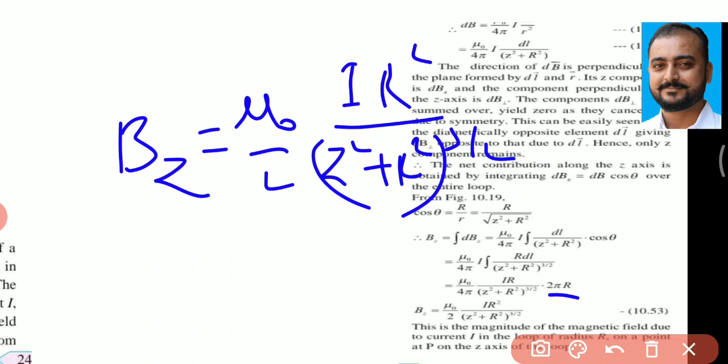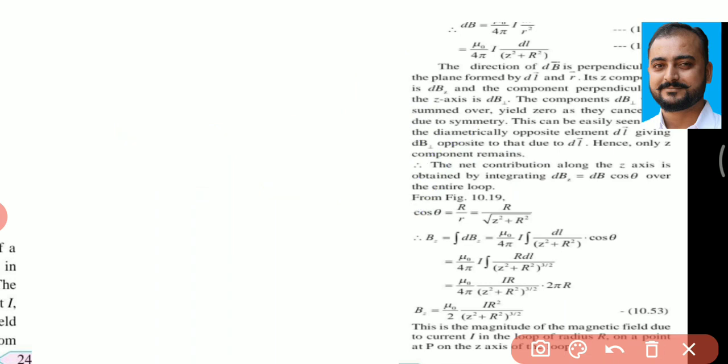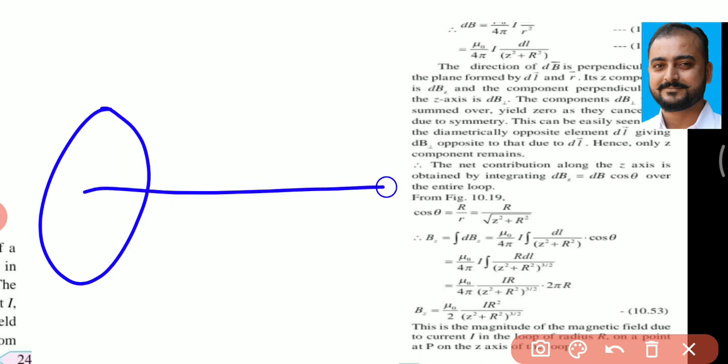It's somewhat complicated to say, but simply remember it like this: this is the magnetic field produced at a point along the axis of a current carrying circular coil.